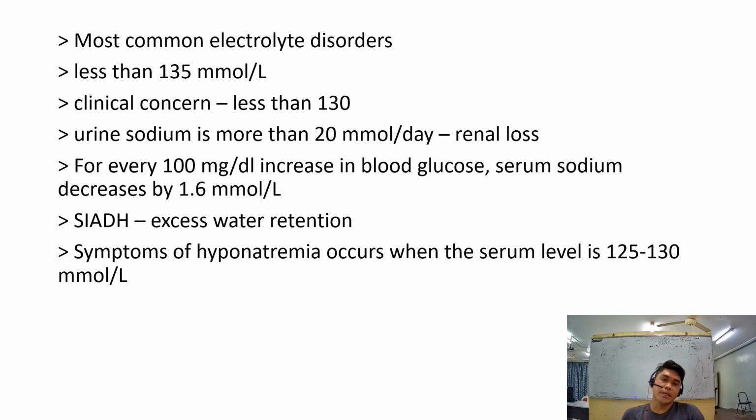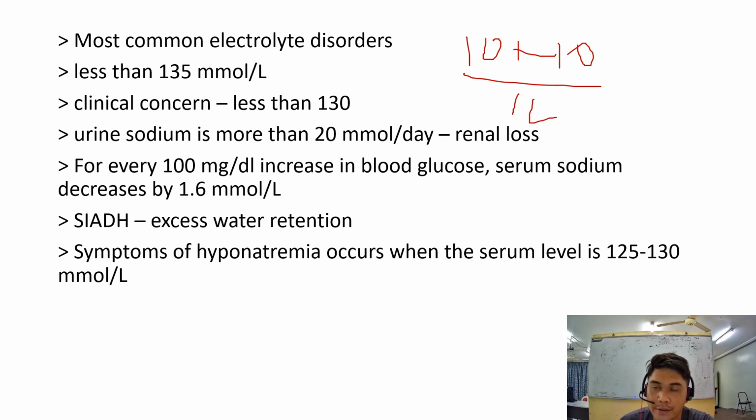Next, for every 100 mg per dL increase in blood glucose, serum sodium decreases by 1.6 millimoles per liter. Why is there a decrease in sodium concentration if there's an increase in glucose concentration? For example, let's say there's 10 glucose and 10 sodium over 1 liter of plasma.